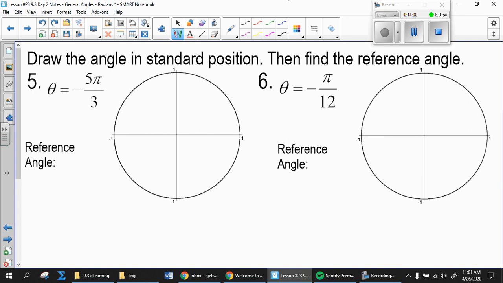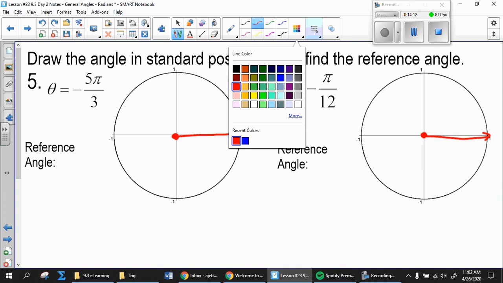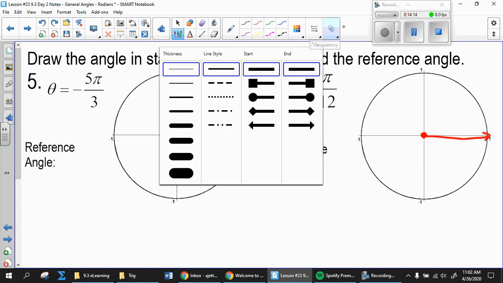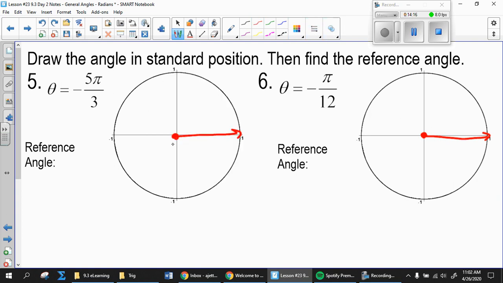All right, let's do these last two. So here's my initial side every time. Standard position, positive x-axis. Negative, so I know negative 5/3. I'm rotating clockwise. So here's my negative pi over 2. Here's my negative pi. Here's my negative 3 pi over 2. So that's negative 1/2.